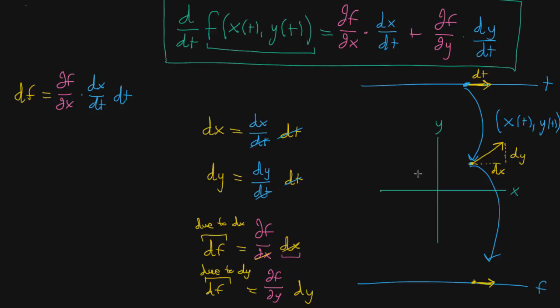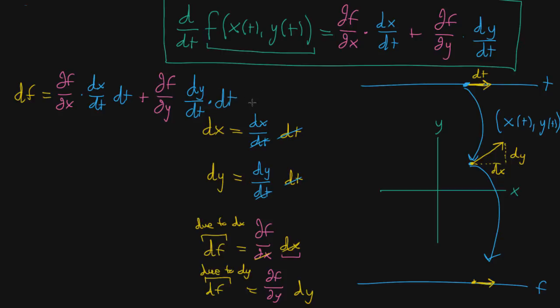And then for similar reasons, the other way that this changes in the y direction is a partial of f with respect to y. But what caused that initial shift in y? You'd say, well, that was a shift in y that was due to t, and that size is dy dt times dt, you could think of it.